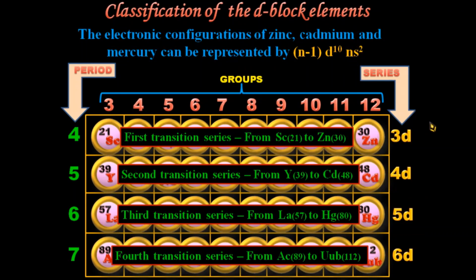The d subshell in these elements is completely filled in the ground state as well as in their ions also. Because of this reason, the elements zinc, cadmium and mercury are not regarded as transition elements.